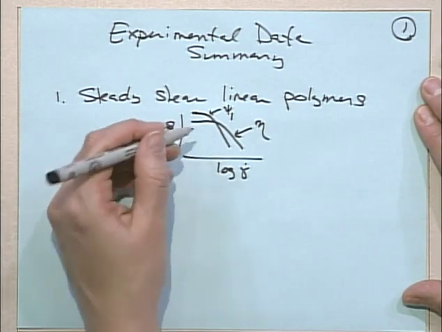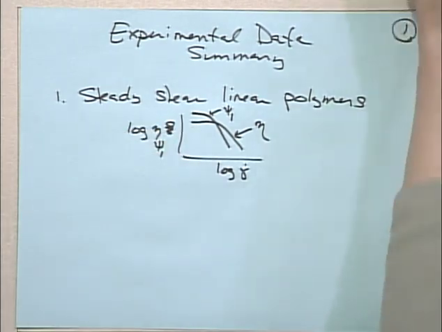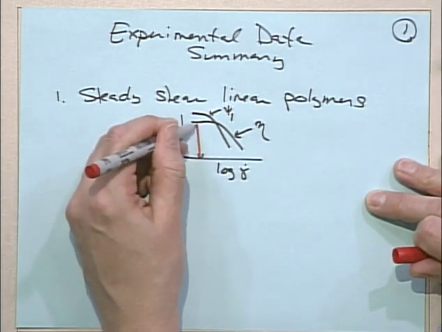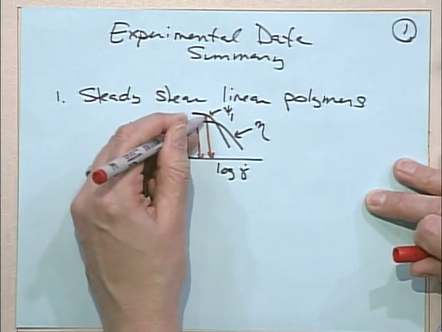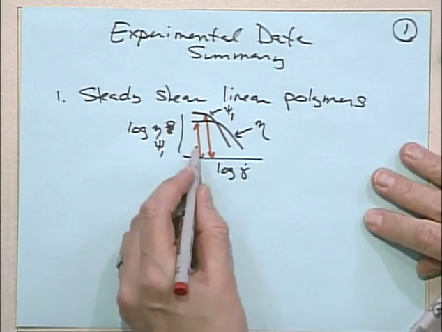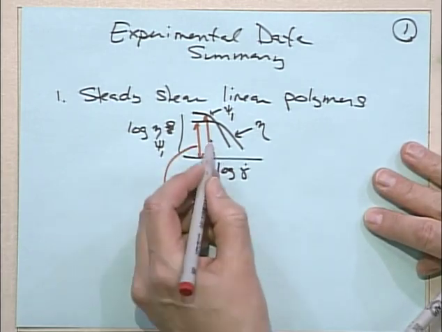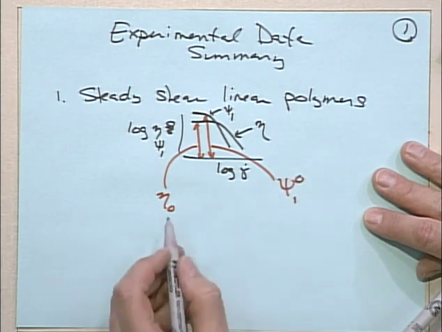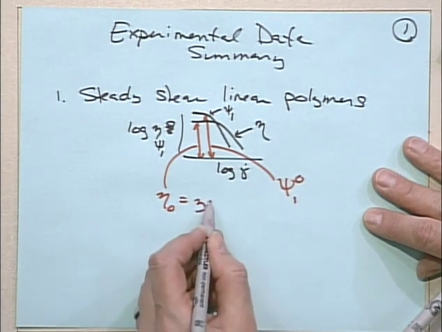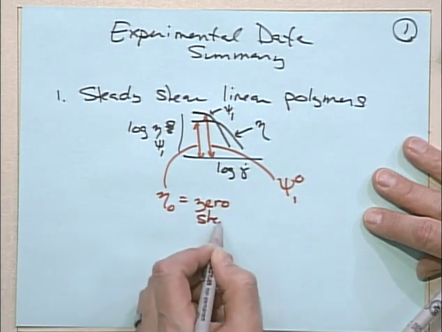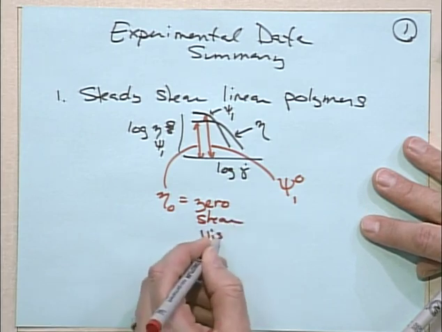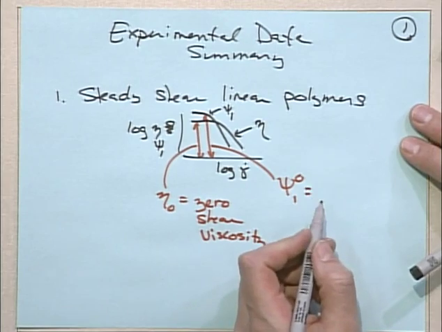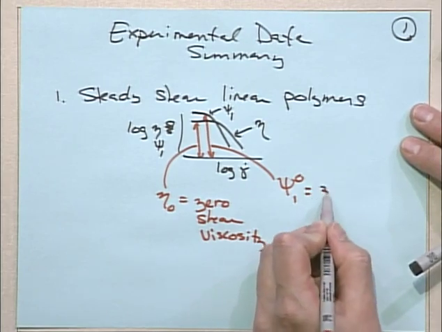And these two plateau levels are called eta naught and psi 1 naught. This one is called the zero shear viscosity. This one is called the zero shear first normal stress coefficient.